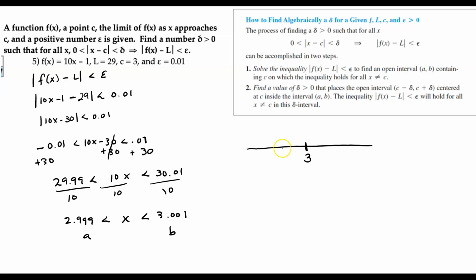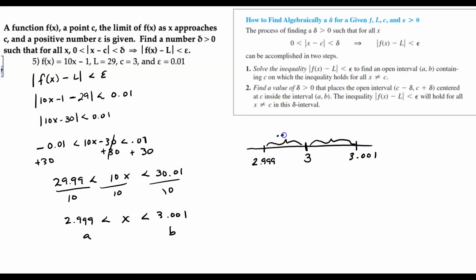So we have to be around that ballpark. So I'm going to write out 2.999 and 3.001, and this interval, if you will, tells us our delta value.